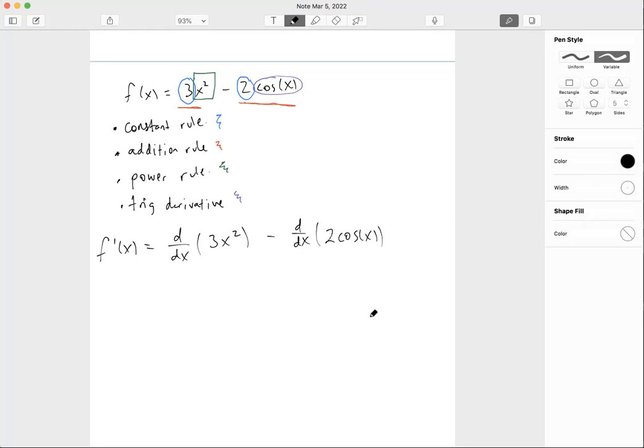Okay, and then maybe we'd use the constant rule, saying that we can just take these constants out. And then finally, we can just use the power rule and the derivative of cosine.